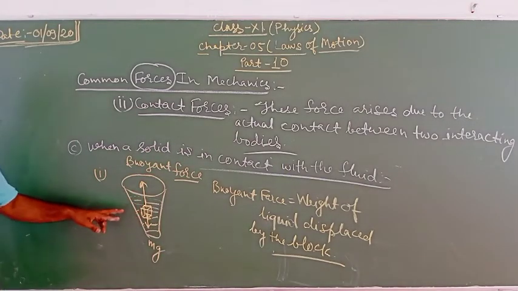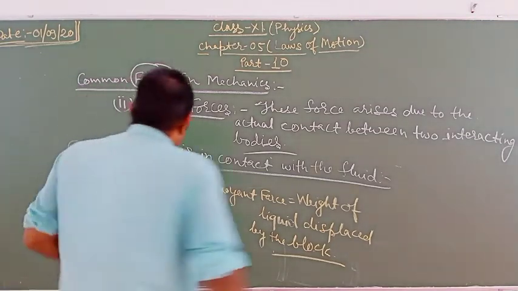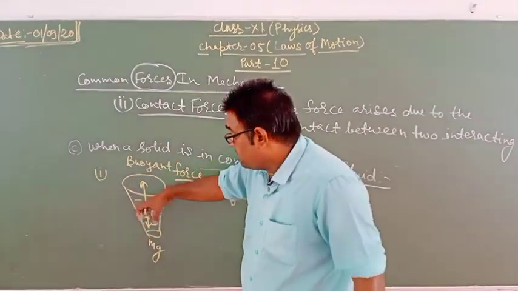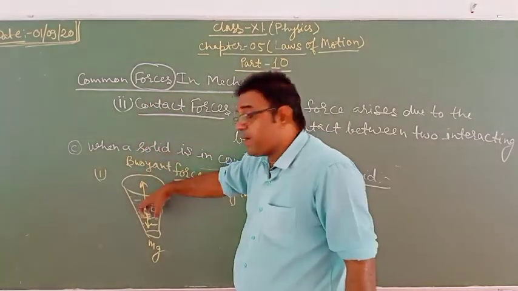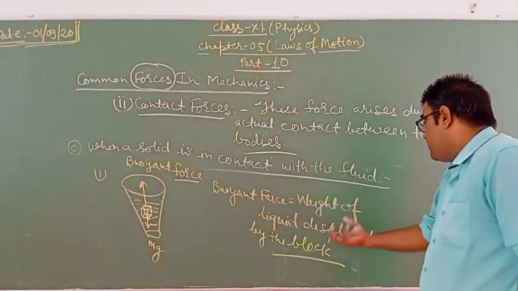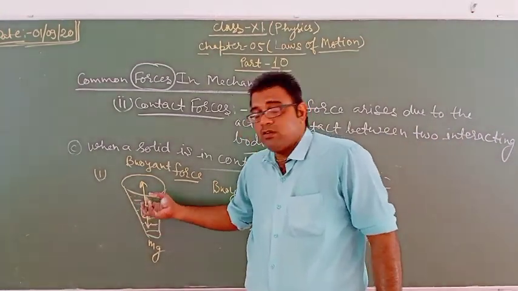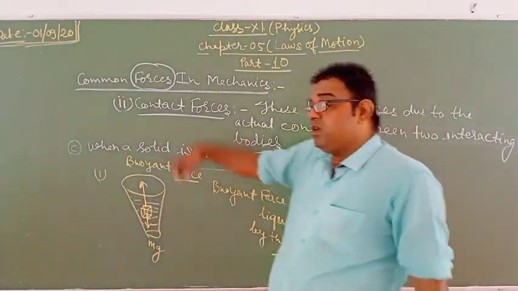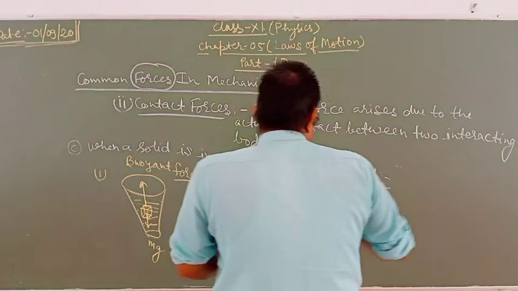When a fluid is interacting with the solid body, it displaces a certain volume of liquid, and a buoyant force or upward thrust is experienced by this block. According to Archimedes' principle, the weight of the liquid displaced is equal to the buoyant force experienced by this block.